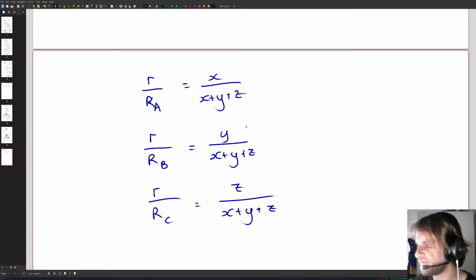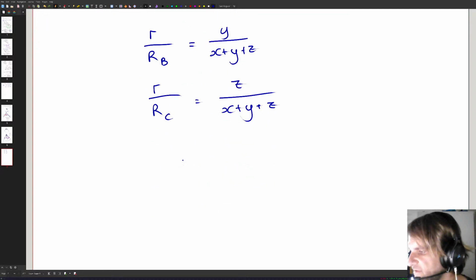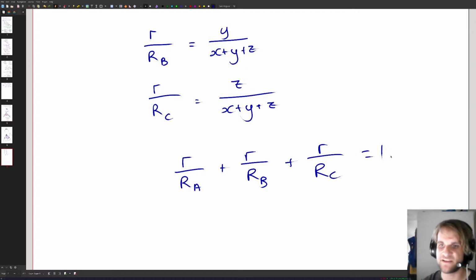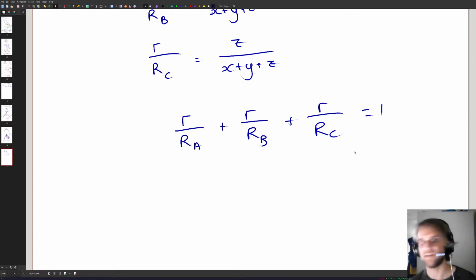Okay, and so if you add these together, you get 1. You get that R over RA plus R over RB plus R over RC is equal to 1, which is exactly the formula that we had, because now we just divide both sides of this by little r, and we get 1 over RA plus 1 over RB plus 1 over RC equals 1 over r.